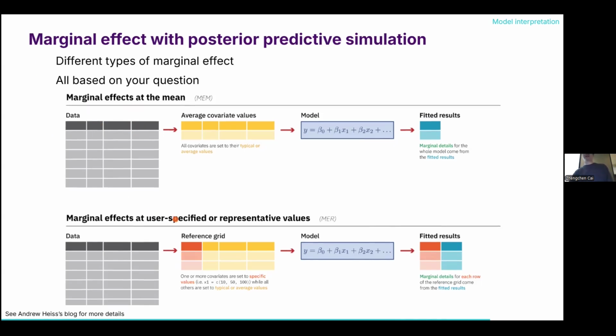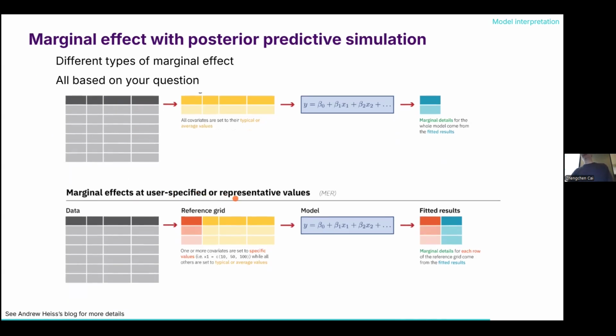Of course, you can select some specific values that you think represent a particular group that you care about. For instance, the age of 30, education level at this, and so on, which country and so on. And then you will get the effect for that particular data.